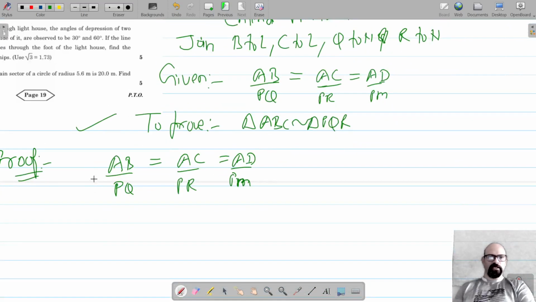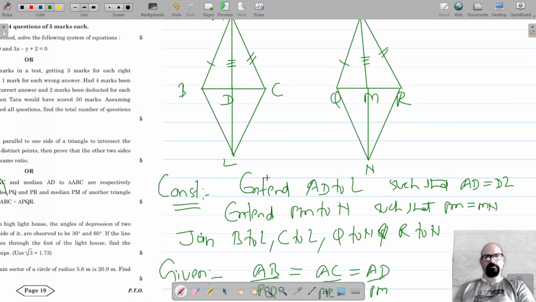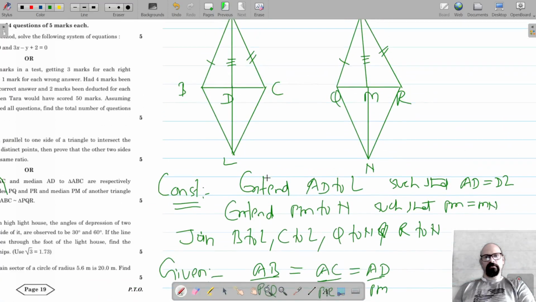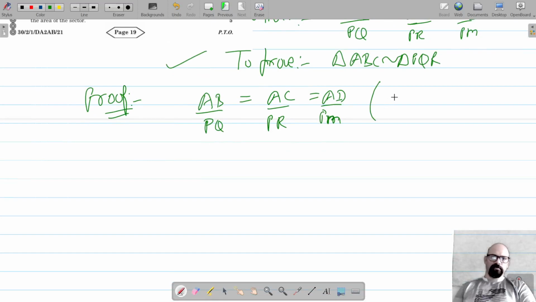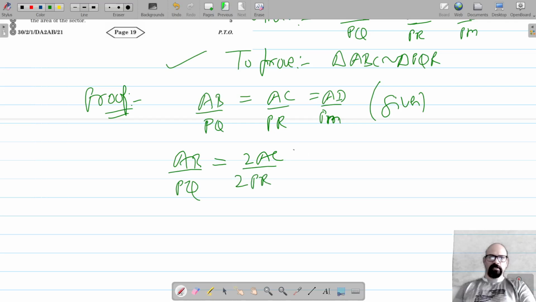So it was given that AB upon PQ is equal to AC upon PR is equal to AD upon PM. And I'm going to double these.